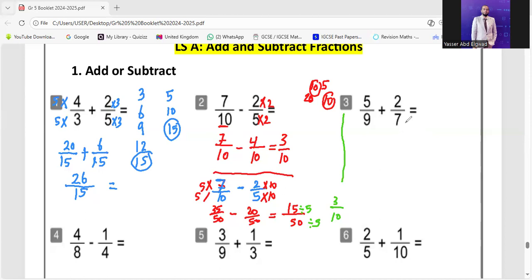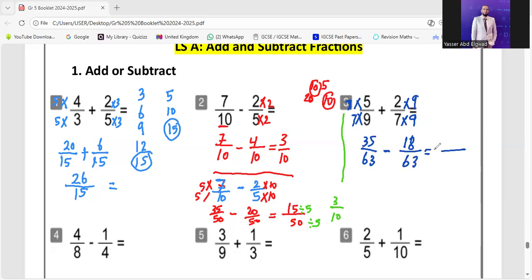If you skip count what I did in the first, 9, 18 and so on, we find that we have to switch them. 9, we have to multiply by 9 here and multiply by 9, and here multiply by 7. 7 multiplied by 5, 35, and here 7 multiplied by 9, 63, minus 2 multiplied by 9 is 18, and here 7 multiplied by 9 is 63.